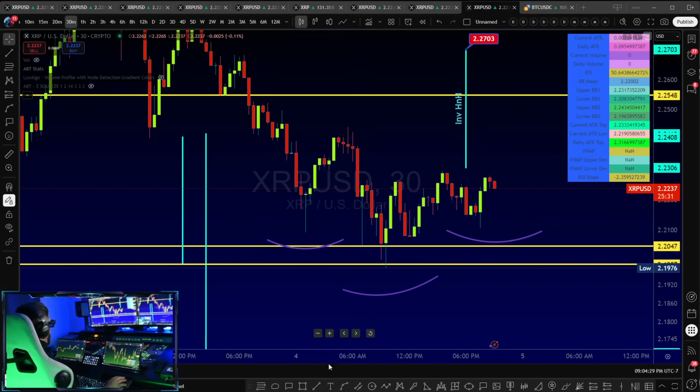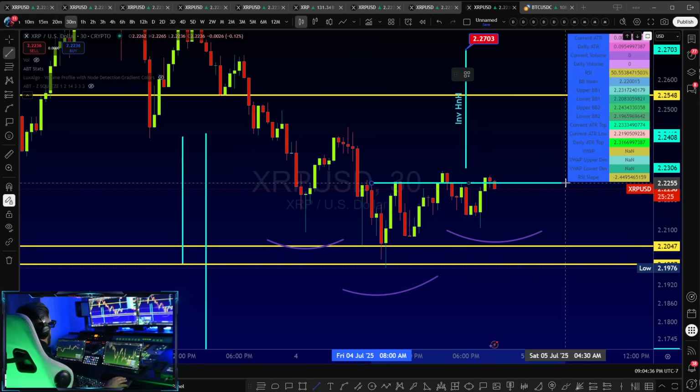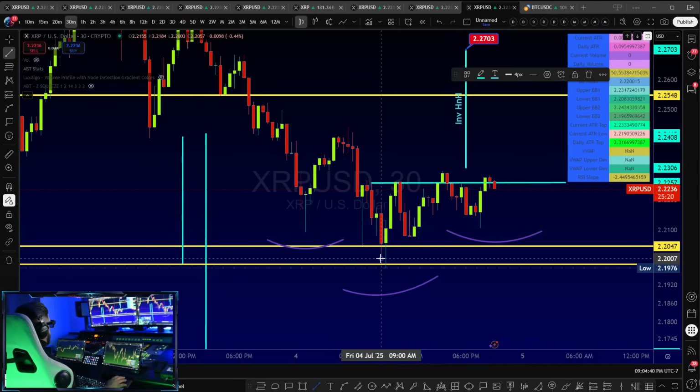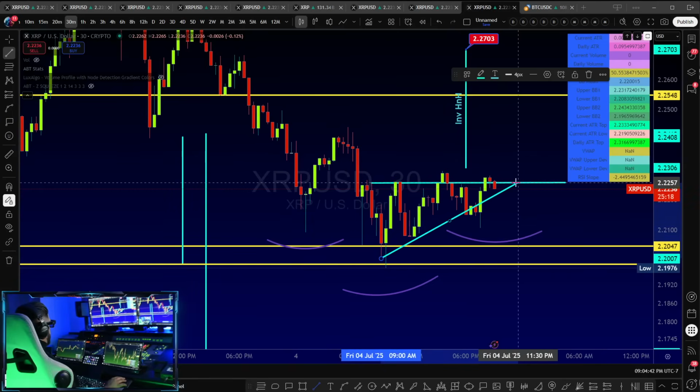Okay, so how do we do that though? Let me go ahead and show you this. Just as a spoiler alert, this is also a bullish formation, just like the inverse head and shoulders is. So this would be giving you this kind of read, something like this here.